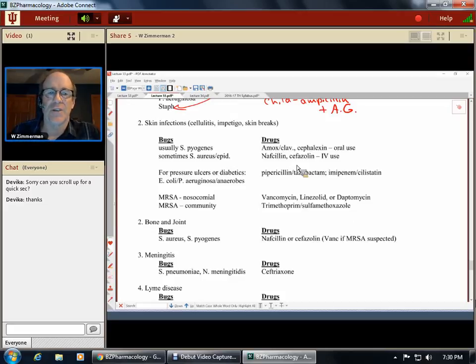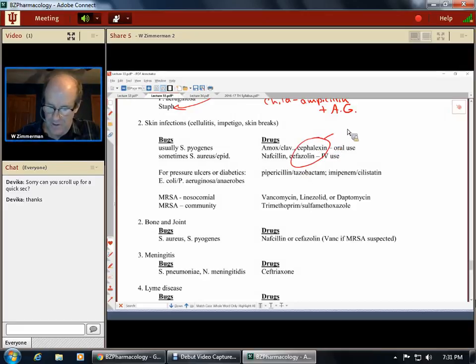Let's see, skin infections. Usually Strep pyogenes, maybe Staph aureus or Staph epidermidis. When I think about skin infections, I think about the first-generation cephalosporins.